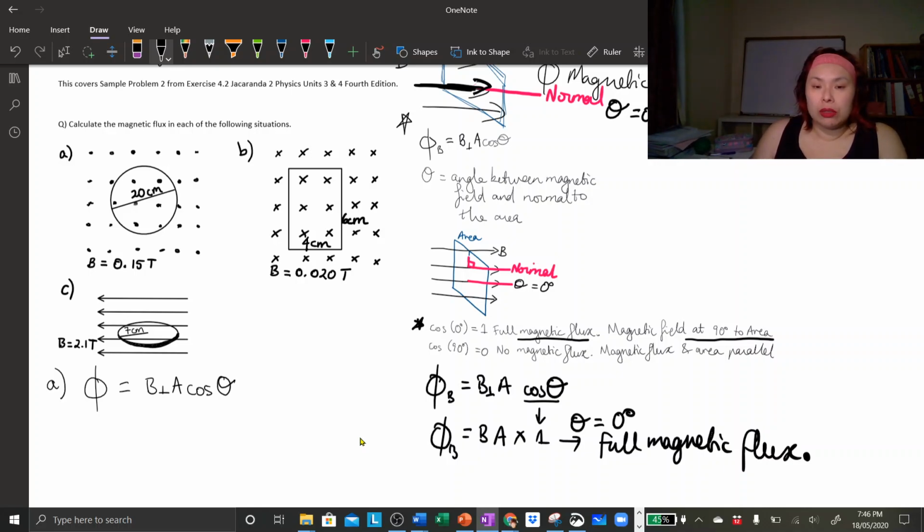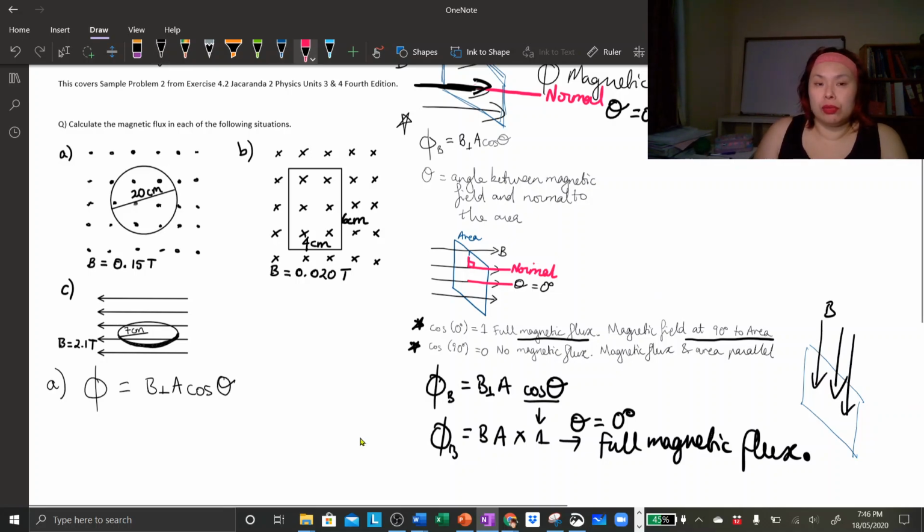Now, if we're looking at when the magnetic field and the area are parallel to each other, let's draw that. So if we have an area like this, and the magnetic field is parallel to it. So let's draw the normal.